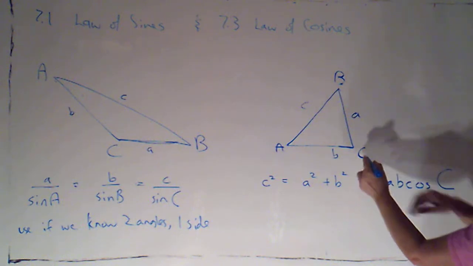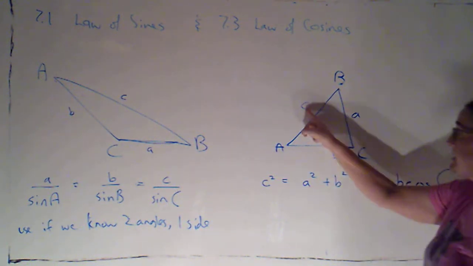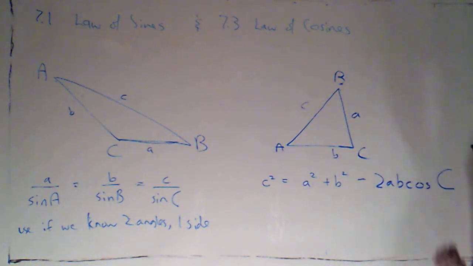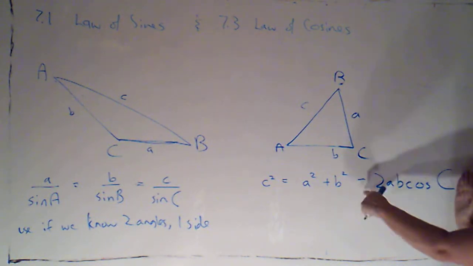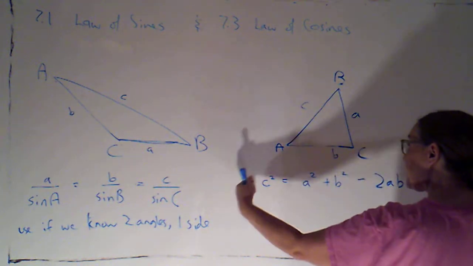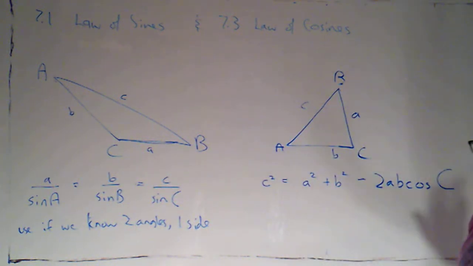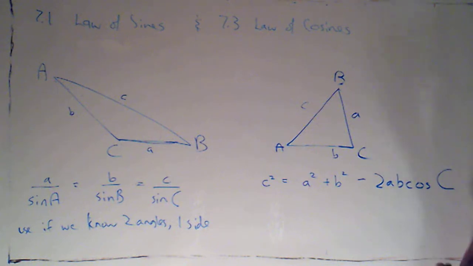That's what I would get if angle C was a 90-degree angle, if C was the hypotenuse of a right triangle. And notice, if C is 90 degrees, cosine of 90 degrees is 0, and so this term drops out. So basically, this is a bigger statement that includes the Pythagorean theorem in the case that C is 90, but gives me a relationship between the angles and the sides that I have here.